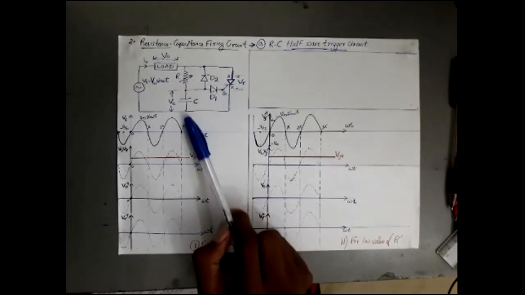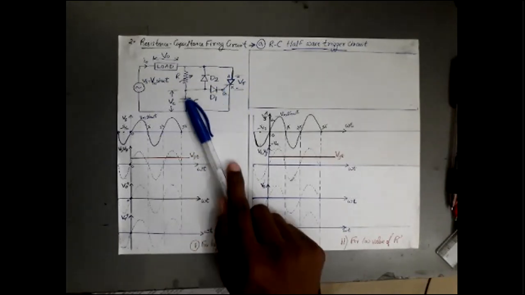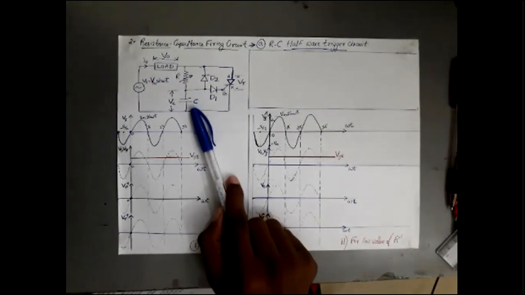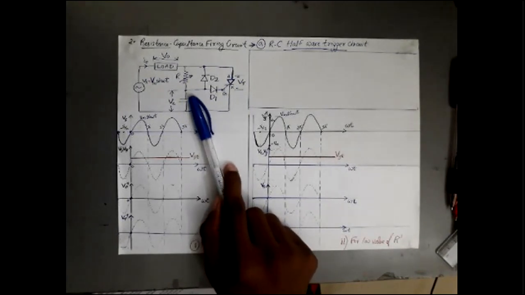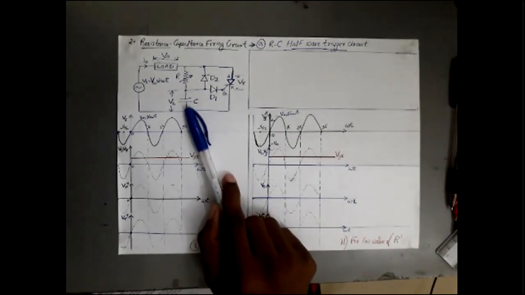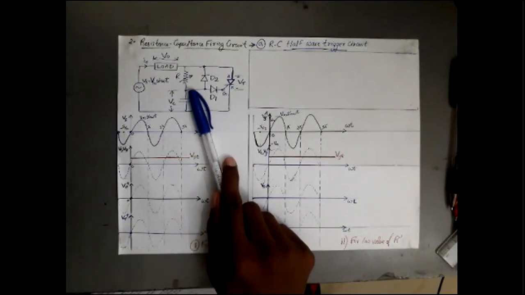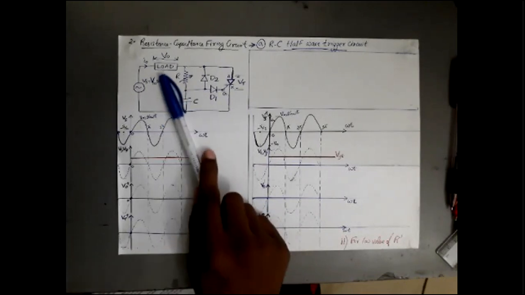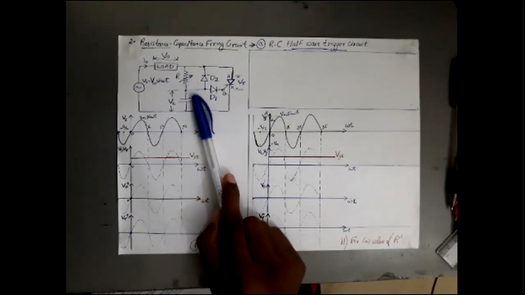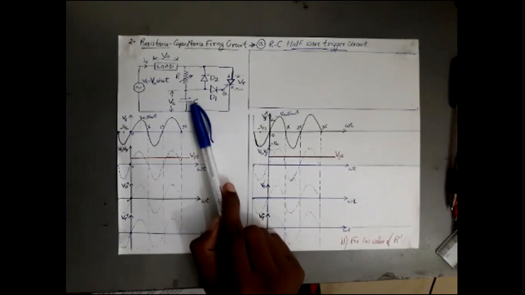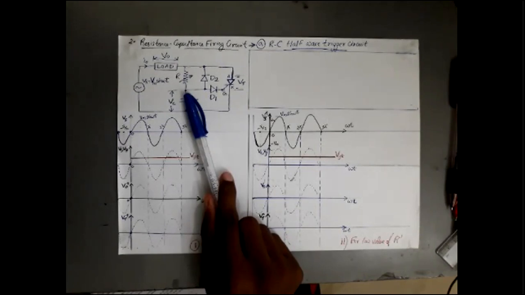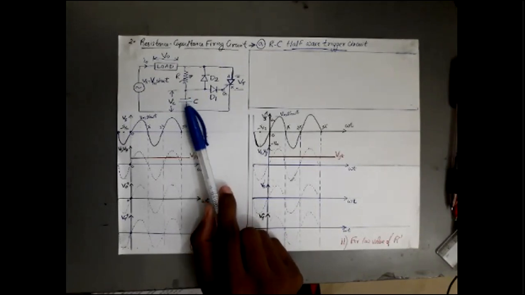Okay, so a voltage will come across my capacitor, that is VC. But what is the polarity of that VC? The lower plate will have a positive and the upper plate will have a negative polarity. During the positive half cycle, the upper plate has a positive polarity and the lower plate has a negative polarity. Now the polarity is different. So what happens?